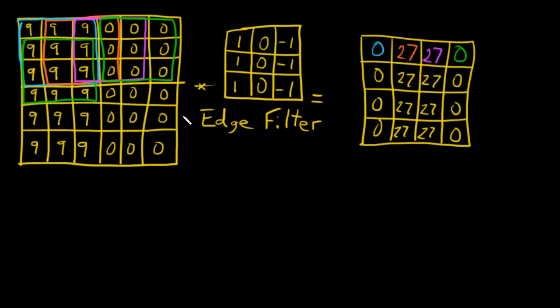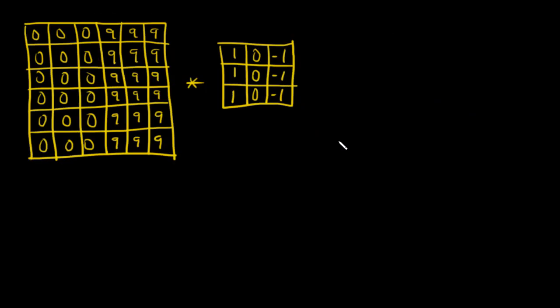Okay, so I'm going to change things around just a little bit. So let me clear the board again. Okay, so again, magically a new grid has appeared, and this time the pixels, instead of going from 9s to 0s, this one is transitioning from 0s to 9s.